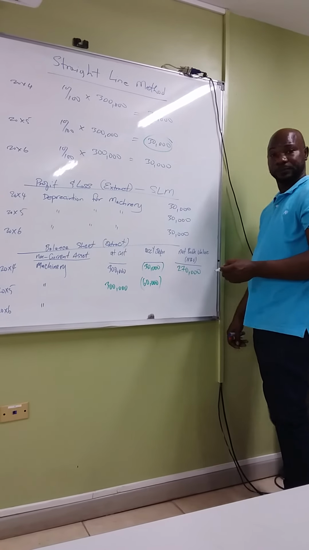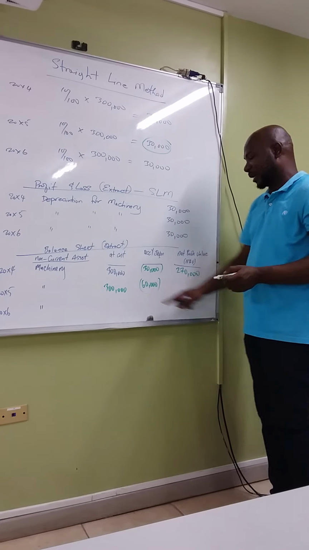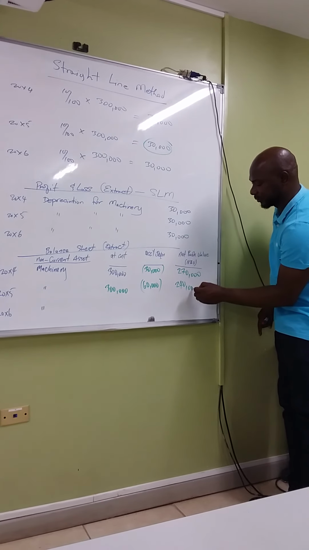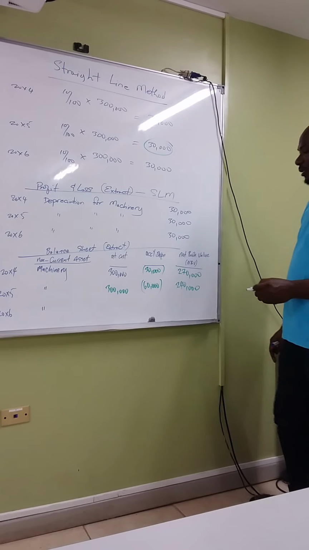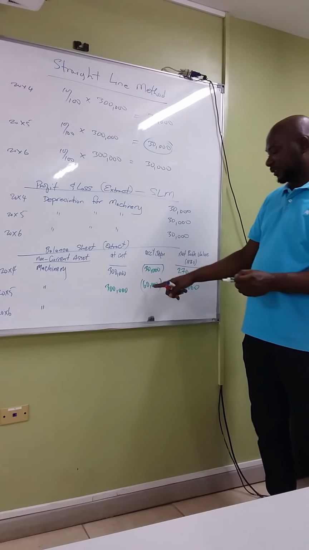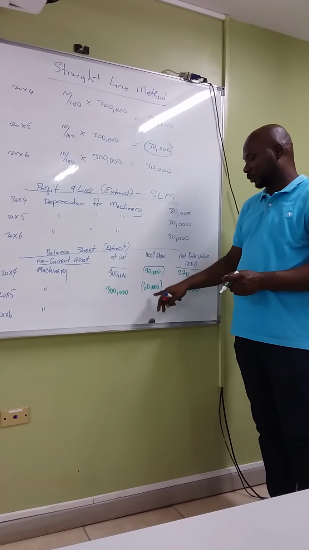$60,000. Now you minus this $60,000 from your cost price to give you a net book value of what? $240,000. To give you a net book value of $240,000, right? So it's the 30,000 from year 1 plus the 30,000 for year 2 gives you a total of 60,000.